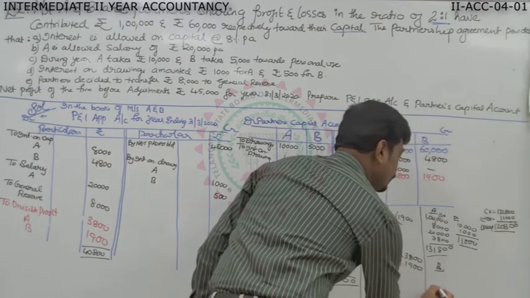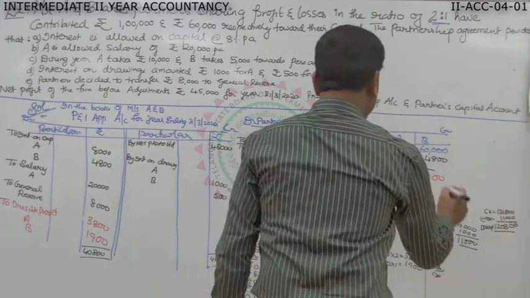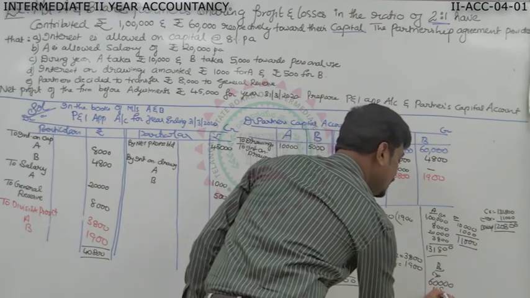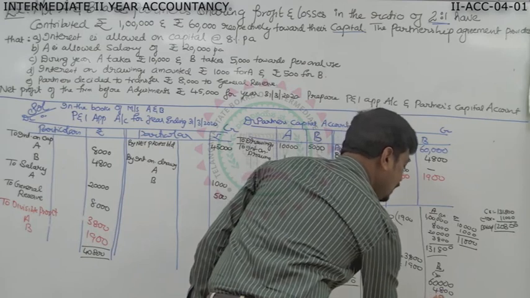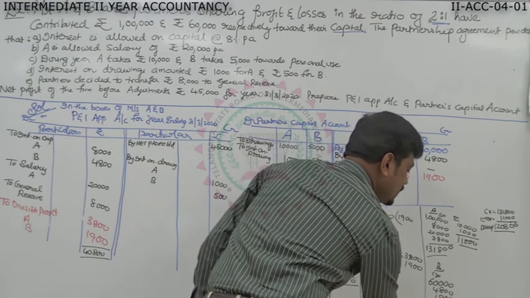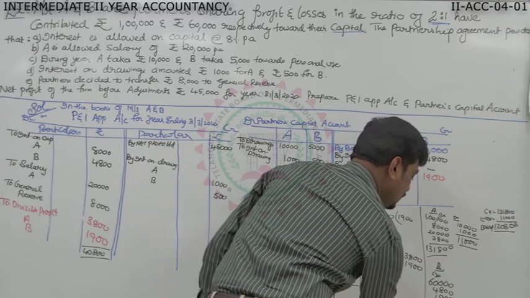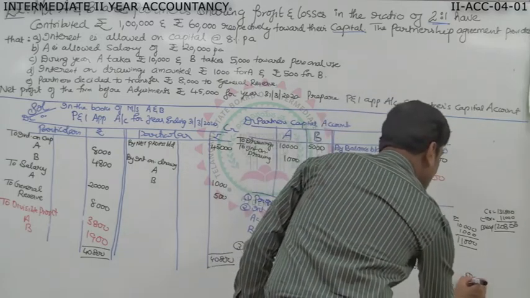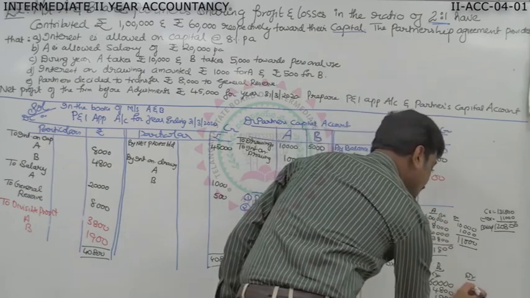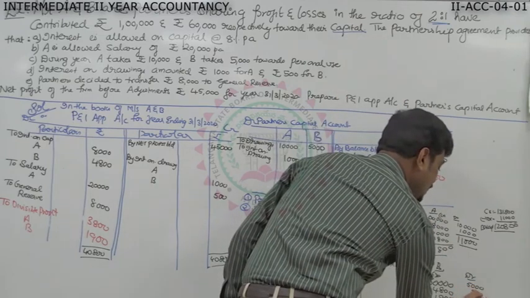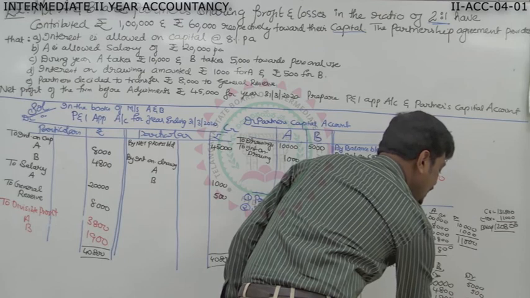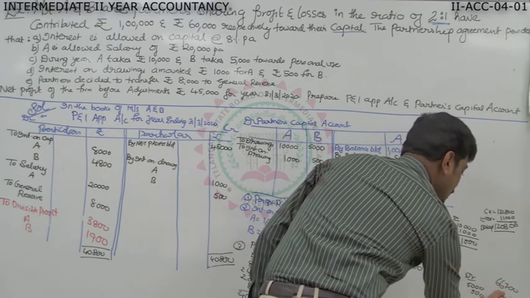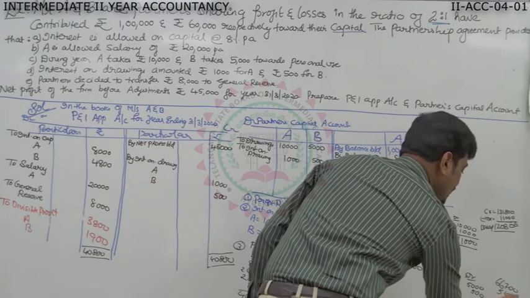So B, credit 60,000, 4,800 and 1,900. 66,700. Debit total 5,000 and 500. So 5,500. Again 66,700 minus 5,500.